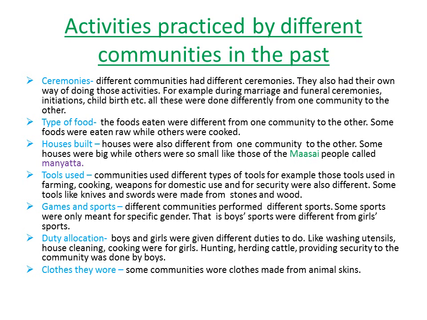Then let's talk of the tools used. In the past, communities used different types of tools, for example, those used in farming and cooking. Weapons for domestic use and for security were also different. Some tools were like knives and swords, which were made from stones and wood.